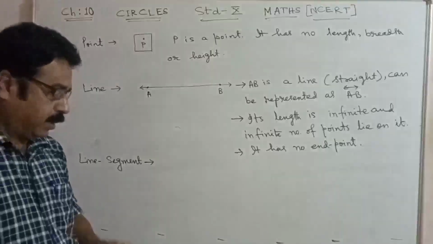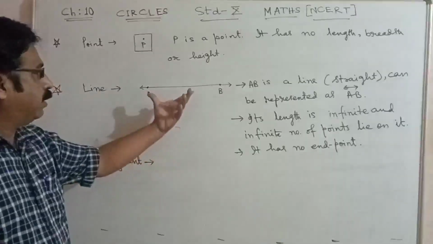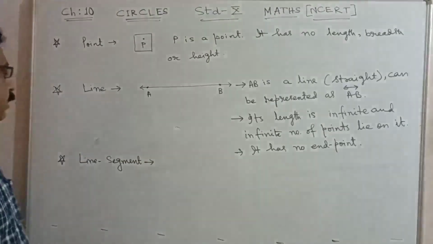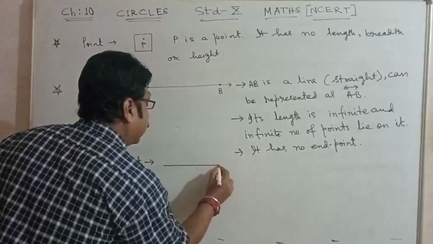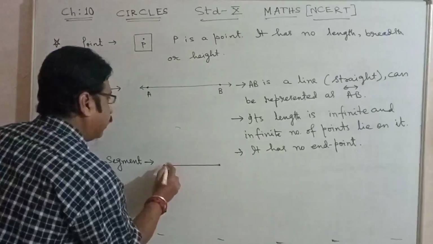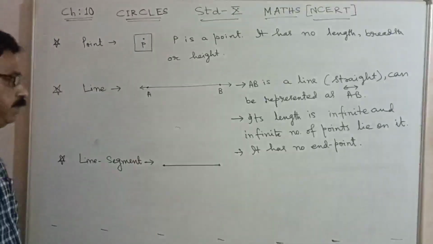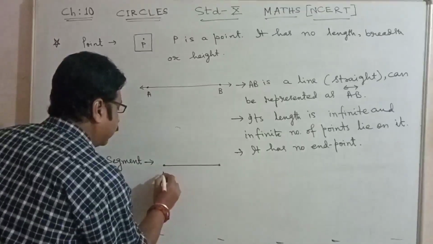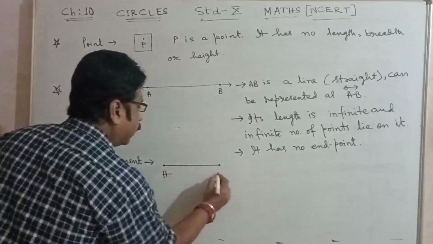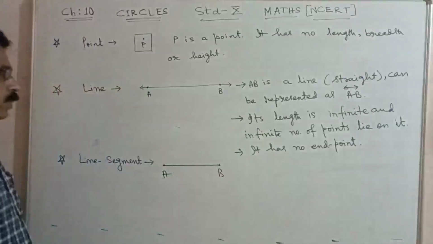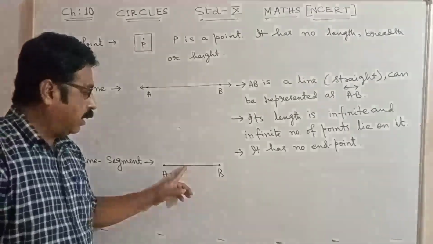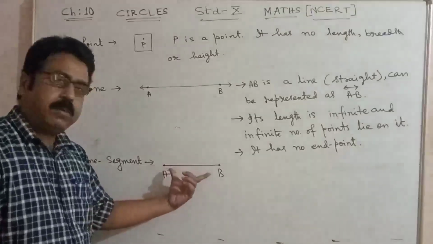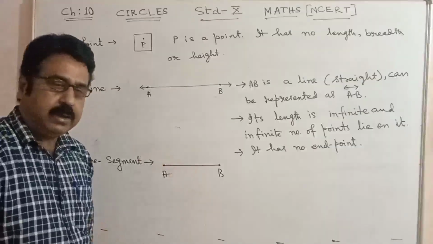Let us take a small part of this line. Suppose this part we have taken. We can take this part also, AB part. How many points lying on this part? Infinitely many.